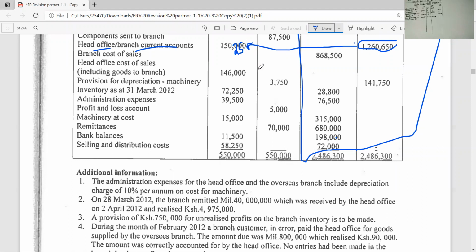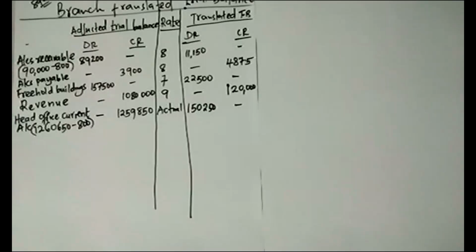So that is 150, 250, that is fine. So that is the actual now, 150, 250. Then after that, we have now to move to the next thing.